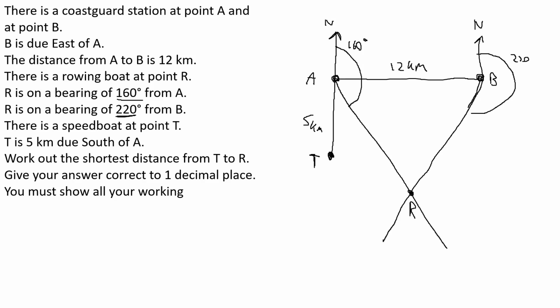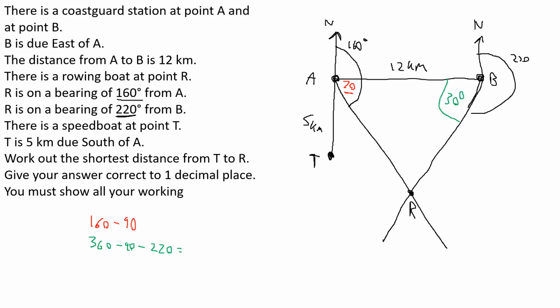First things first, what are these angles here going to be? Well, this angle here is going to be 160 minus 90, which is 70. And this angle, a little bit trickier, but it's going to be 360 minus 90 minus 220, which is 30 degrees.